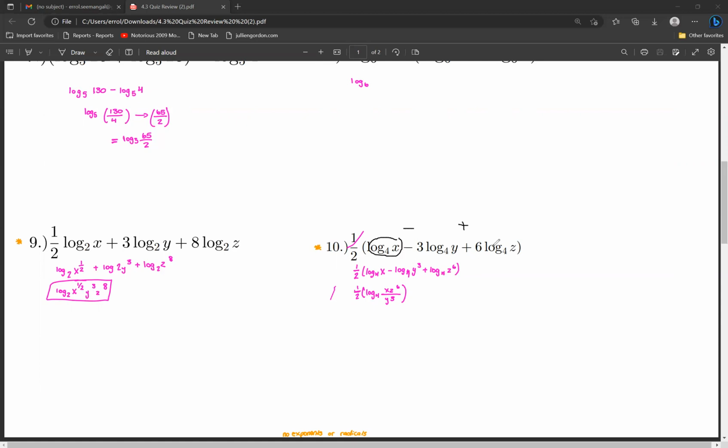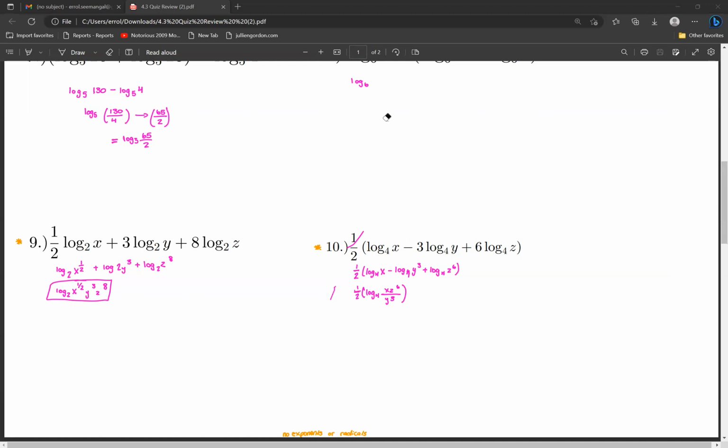This one and this one you wrote on the top, and then you divided by this one. Yeah, that seems right. y^3, that's good. Now ask yourself, can you simplify this line any further? I don't think so. I think he just left it there. If you multiply that half in, nah.